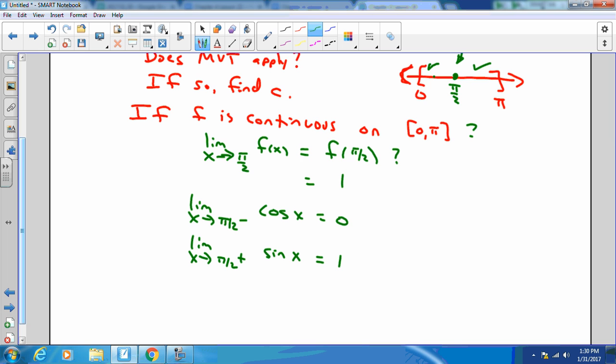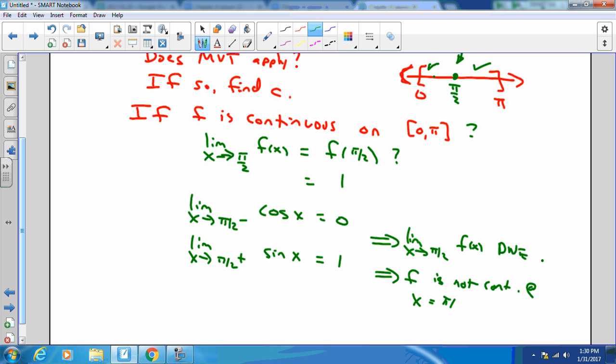I observe that these two limits are different, and because they are different, the overall limit fails to exist. Because the overall limit fails to exist, we say that f is not continuous at x equals pi over 2. And because f is not continuous at x equals pi over 2, the mean value theorem does not apply. And that's it.